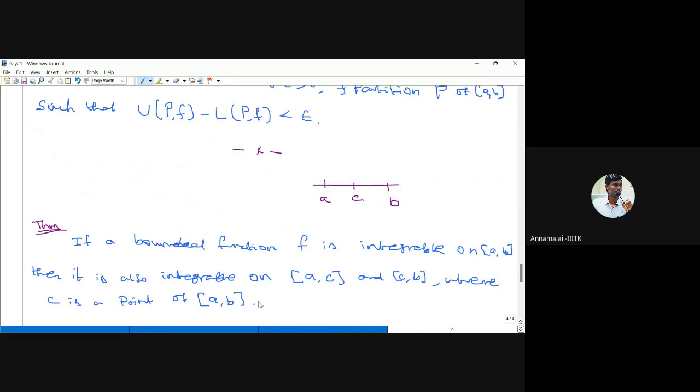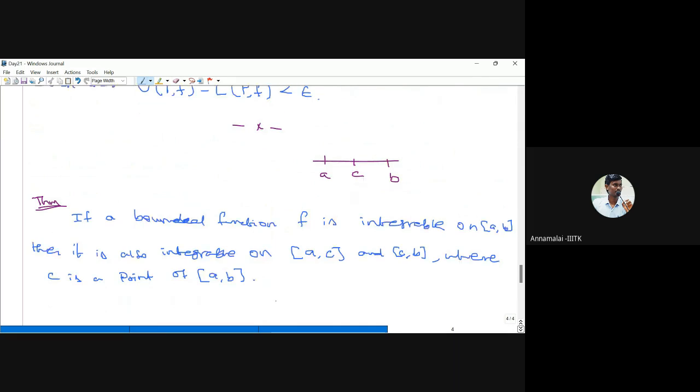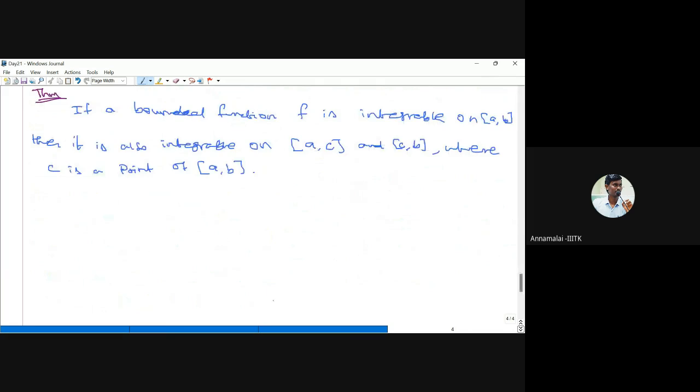Now I already said that the sum of two integrable functions is an integrable function, the subtraction of two integrable functions is an integrable function, and the integral value is the sum of the separate integrals.